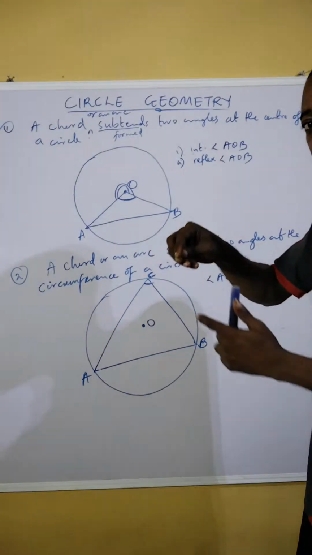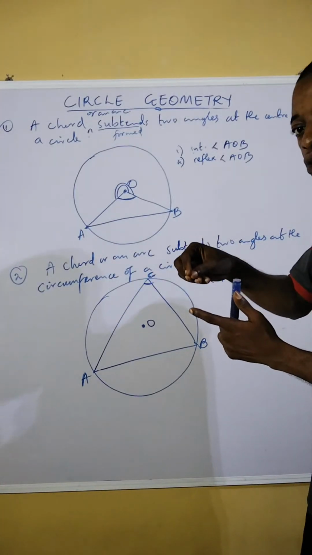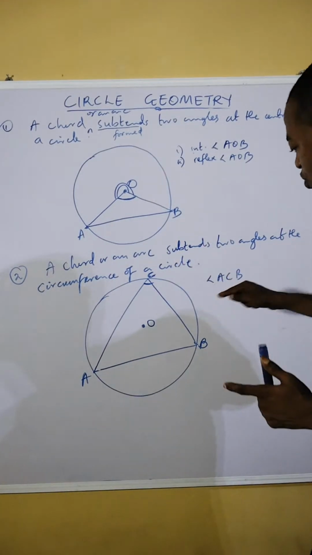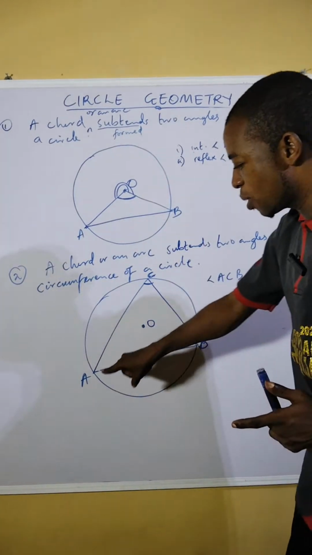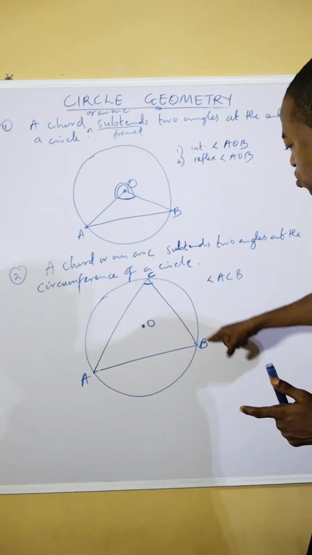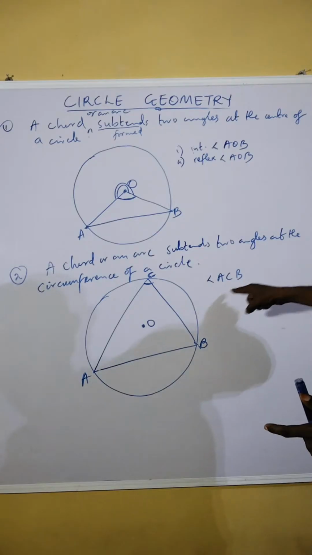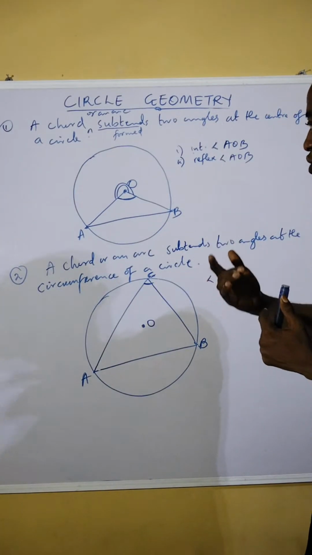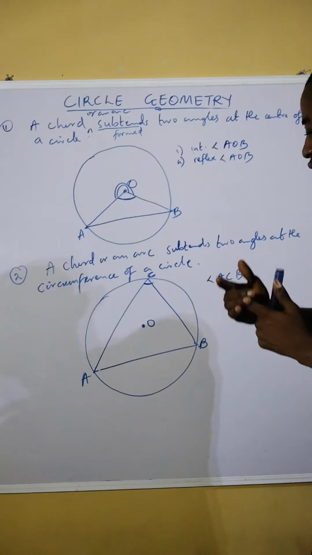So C is the middle letter. So we are going from A to C, then from C to B. That's why we have A, C, B. So we know how to label an angle with 3 letters.